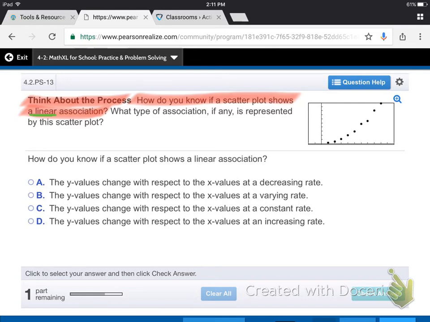So we would know that data represents a linear association if, A, the y values change with respect to the x values at a decreasing rate. No. B, y values change with respect to the x values at a varying rate. No. C, y values change with respect to x values at a constant rate. That's what makes a linear association. Do you remember that word constant? The x and y values have to change at a constant rate. So that's the answer.